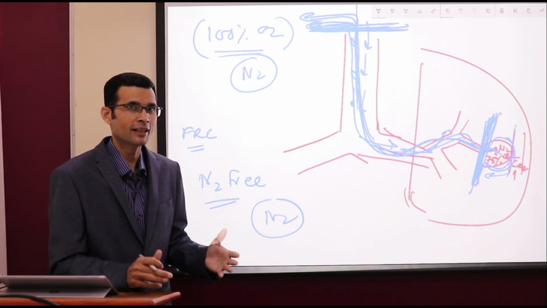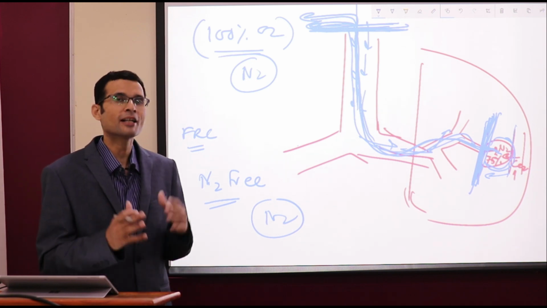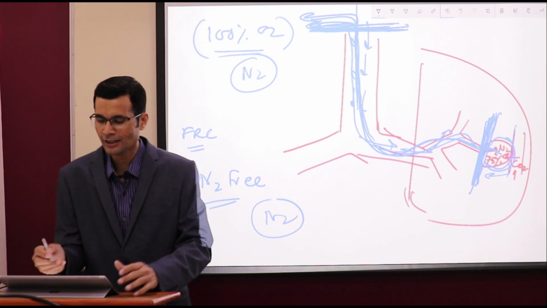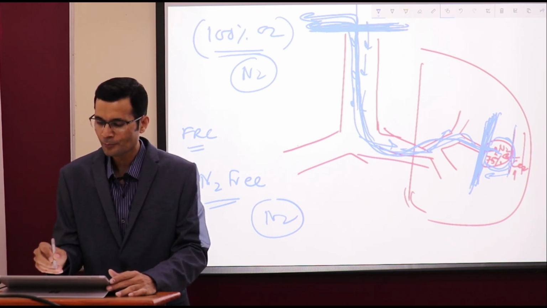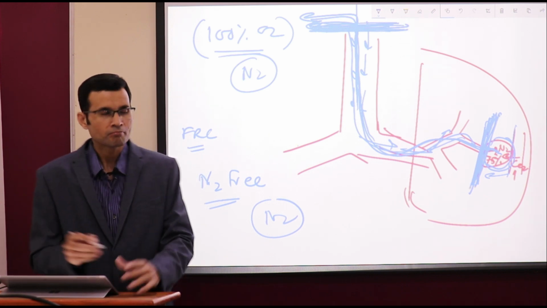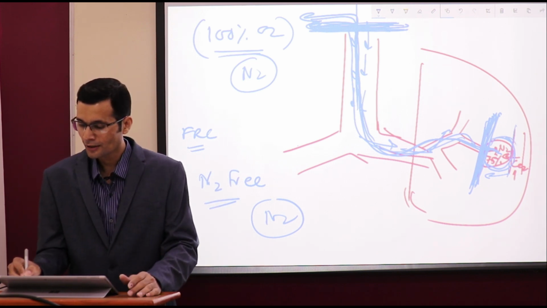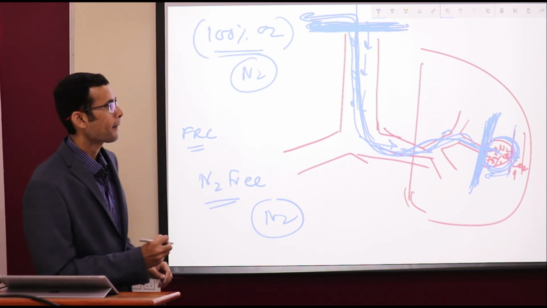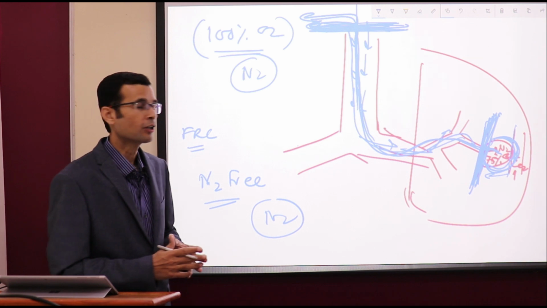That's not actually the case, but for a moment, let's assume that this is a tight compartment, that this is the anatomic dead space, and then there are alveoli where gas exchange occurs.